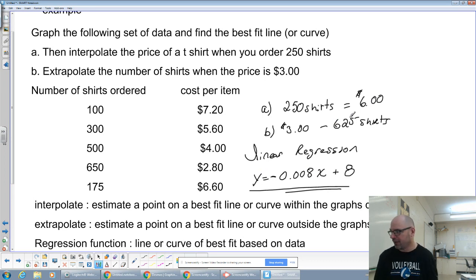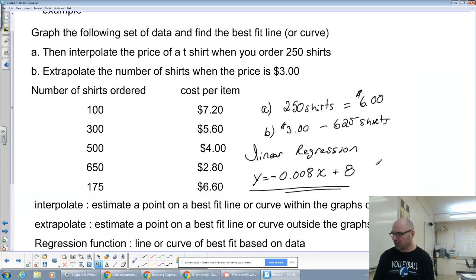So let's give that a try. If you went 250 times negative 0.008 plus 8, you should get 6, and you actually do. So it fits in with that equation.